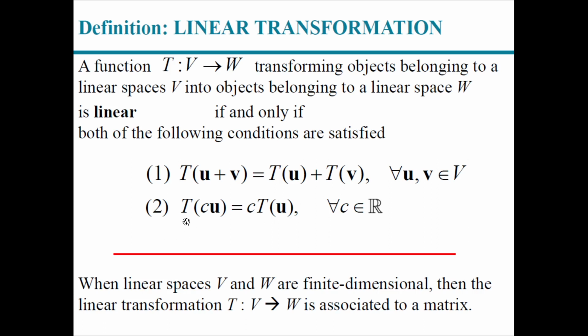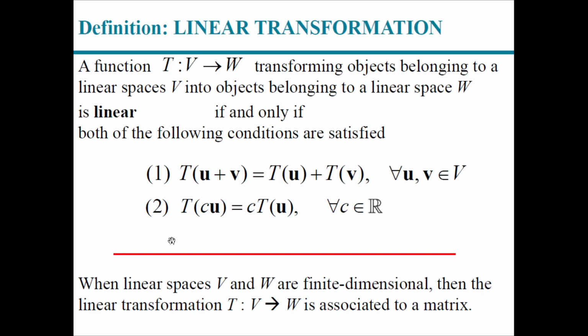Simple. And if you multiply u, an input, by a constant, well, the transformation of that is the constant times the image of u. So these are the two conditions that will decide if a function or transformation is linear or not. So we are dealing with linear transformations, so our transformations must satisfy these two conditions.